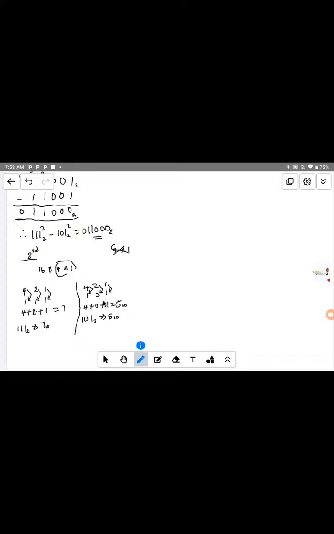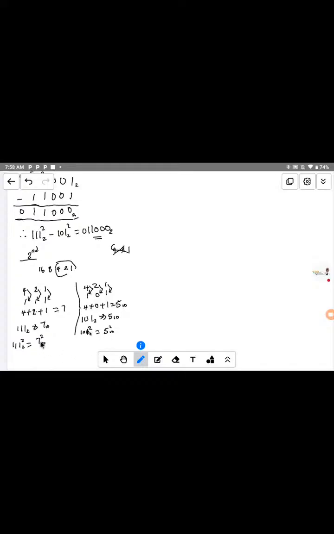Now the question said we should square 111 and also square 101. That means 111 squared in base 2 is the same thing as 7 squared in base 10, and the same applies to this: 101 squared in base 2 is equal to 5 squared in base 10.